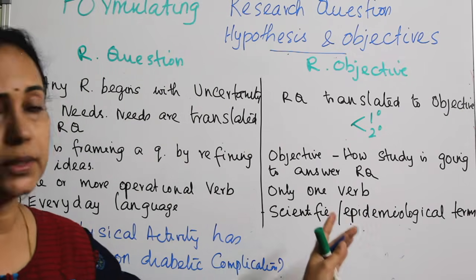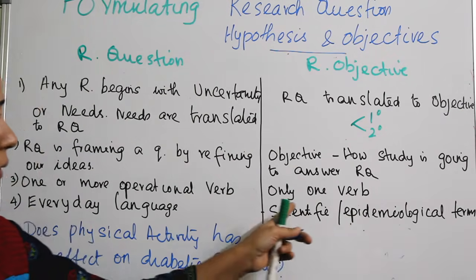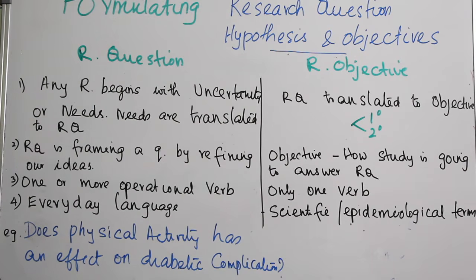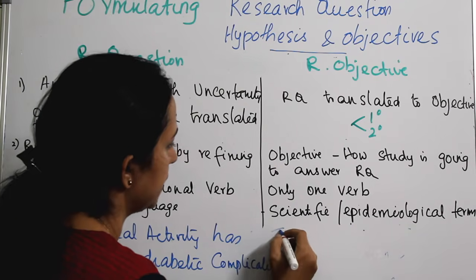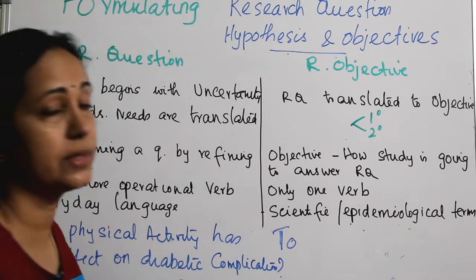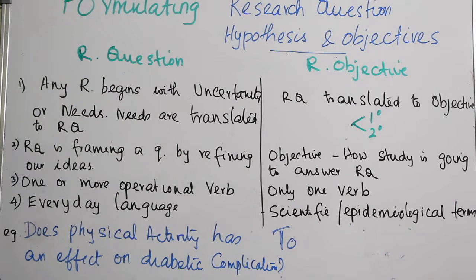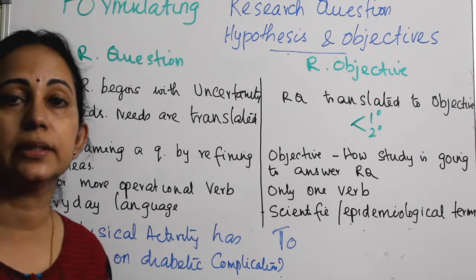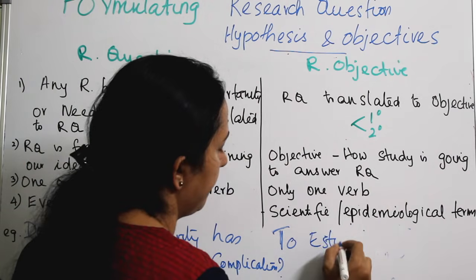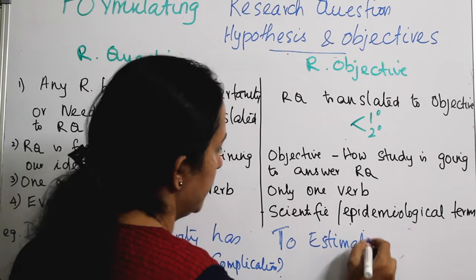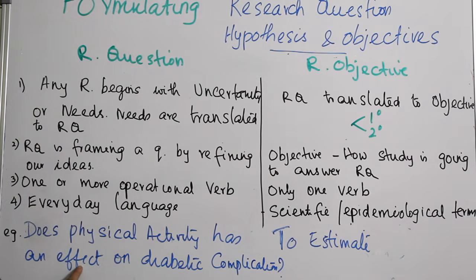So when I convert into an objective, what is the verb used there? To estimate or to describe, isn't it? So to estimate, and if it is an analytical study, you have to add the term to determine. To estimate what? Effect of physical activity on diabetic complication, isn't it?